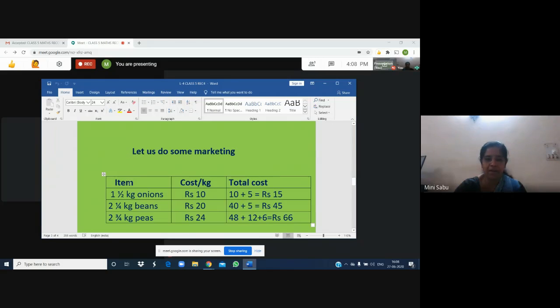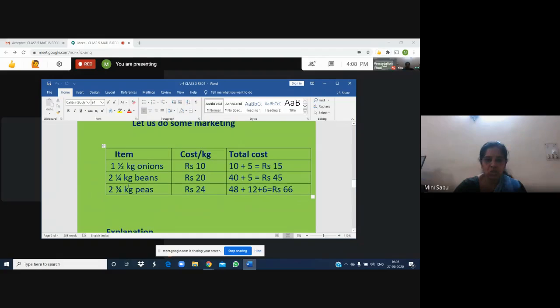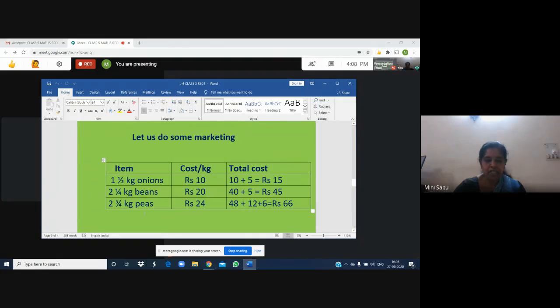Let us go for some marketing. So we are going to the market to buy some vegetables. And we want to buy 1.5 kilogram onions, 2 1/4 kilogram beans, and 2 3/4 kilogram peas.